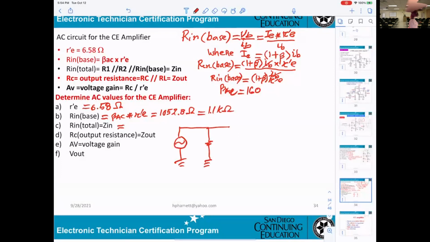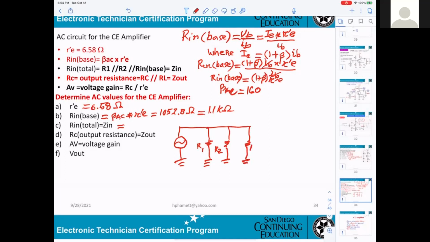Next you get another one, R2, and you get another one, RB, that is R in base, and that will be the base.